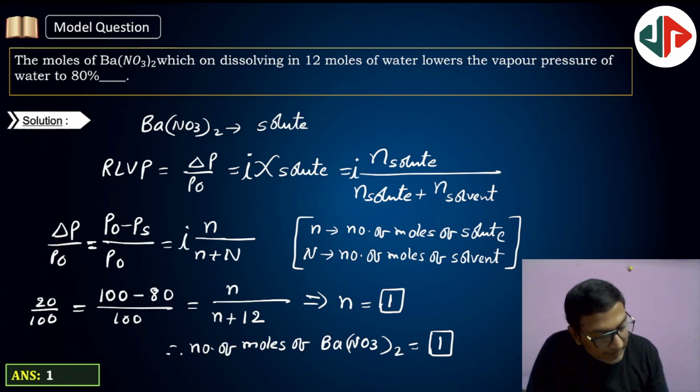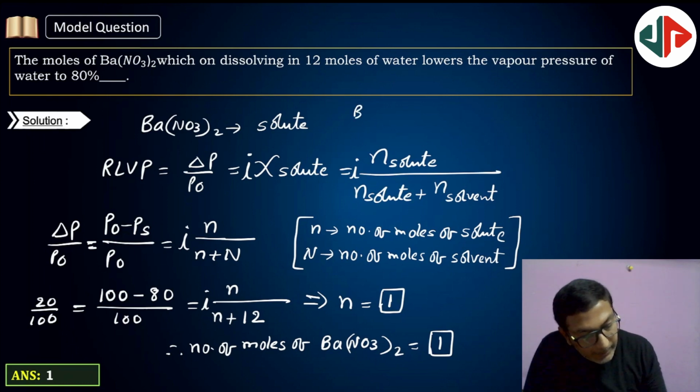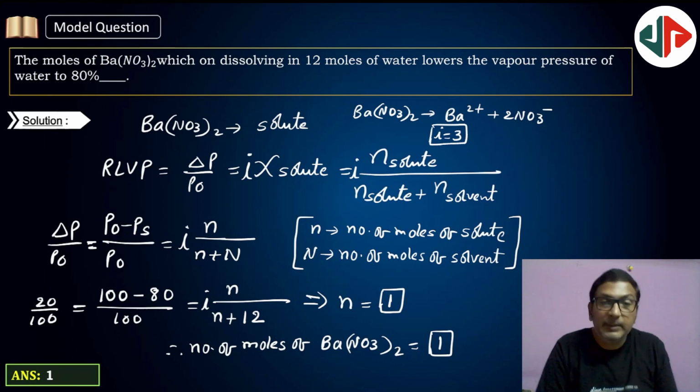Ba(NO3)2 dissociates to Ba2+ and 2NO3-. Therefore, i value equal to 3. So from this we'll get n value as 1, the number of moles of Ba(NO3)2.